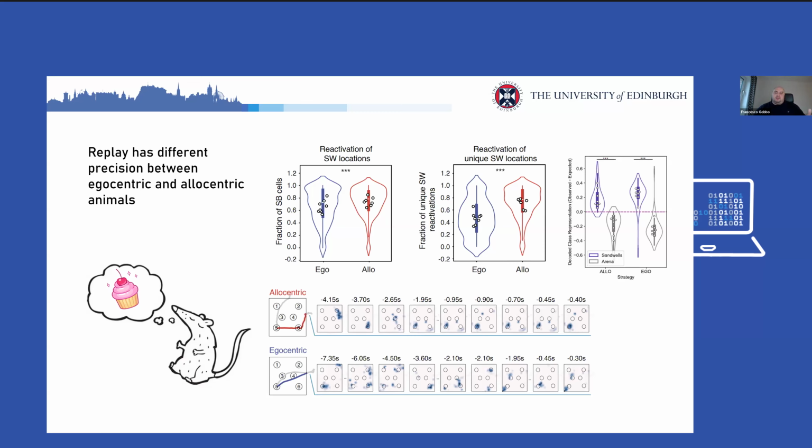What we find in the egocentric case is that what was reactivated was something with a lower spatial resolution. So, for example, at some point you would find cells that were mapping more than one sandwell, or even without having any obvious correlation to sandwells specifically, and rather just being active at random positions in the arena.